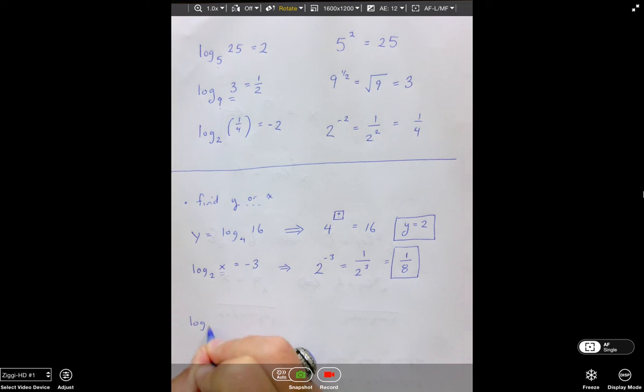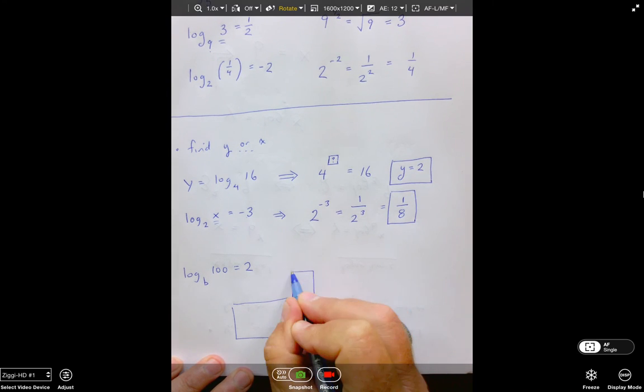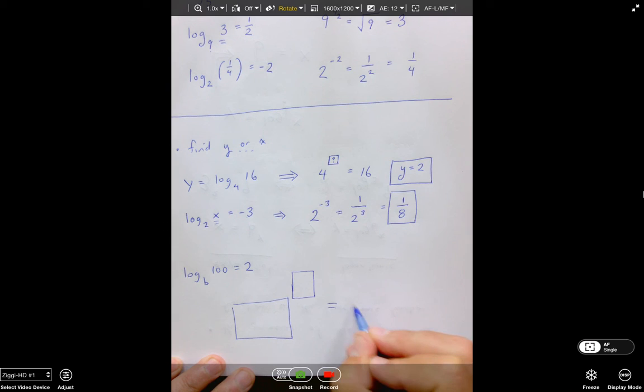Let's find when b is unknown. So we have log base b of 100 equals 2. Now, guys, there are 3 parts here, aren't there? There's the base, there's the exponent, and there's the answer. Well, where does everything go?